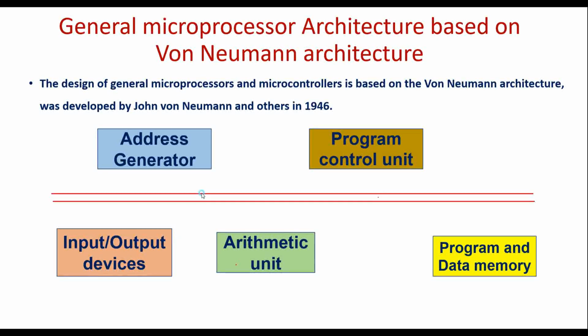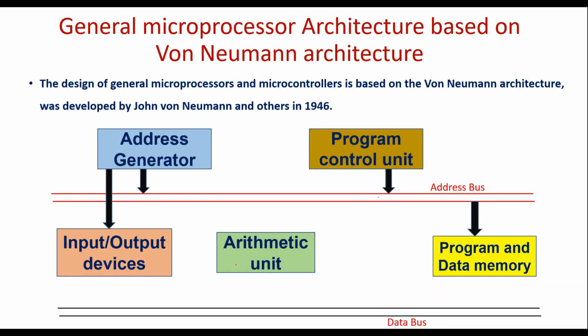Along with this, it has an address bus, and there are a few signals generated by the address generator and connected to various devices as shown here. Along with this, it has a data bus which is bidirectional, as shown in this diagram.